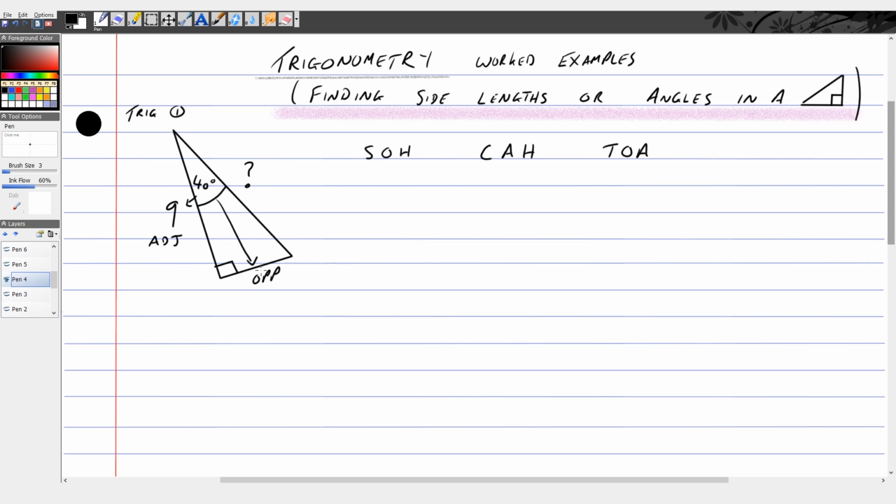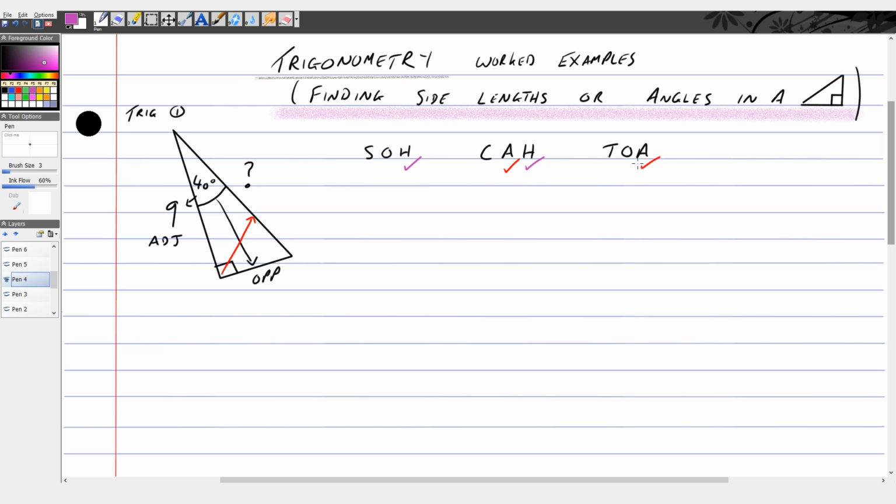So in this question, the only sides of interest are the adjacent 9 and where the question mark is, which is the hypotenuse, because it's the longest side. And remember, the hypotenuse always is facing the right angle corner. So we've got an adjacent. Cos and tan have adjacent in them, but we've got hypotenuse as well, which is of interest.